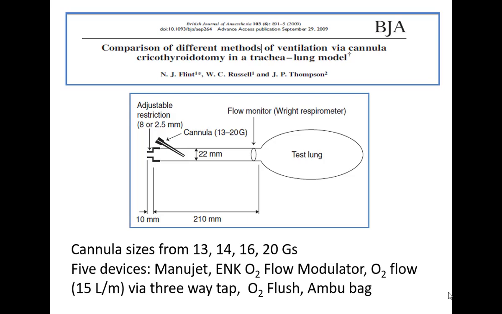Then they put in cannulas, you can see it in the diagram there, facing towards the lung, from 13 to 20 gauge, and they compared various devices to see how much tidal volume is delivered, how much goes to the lung and how much escapes from the top.